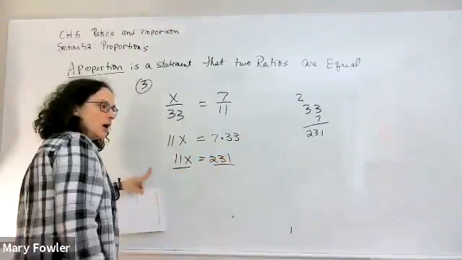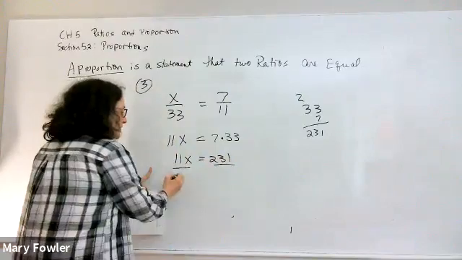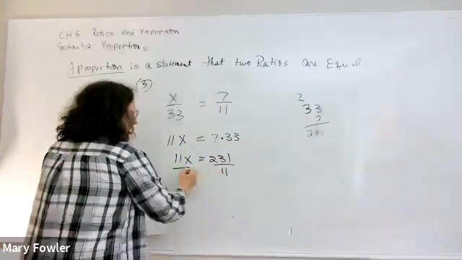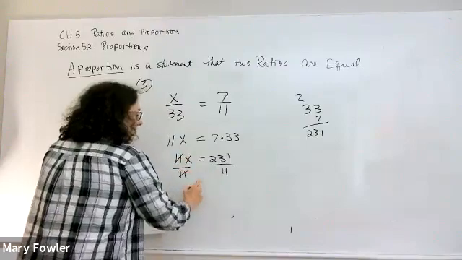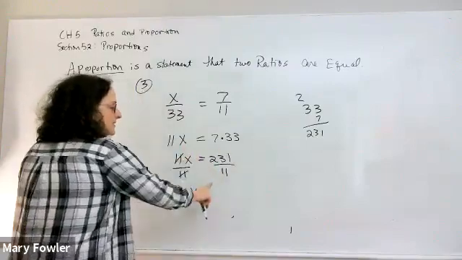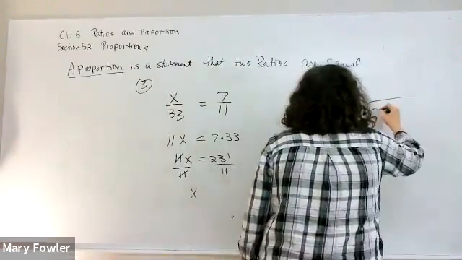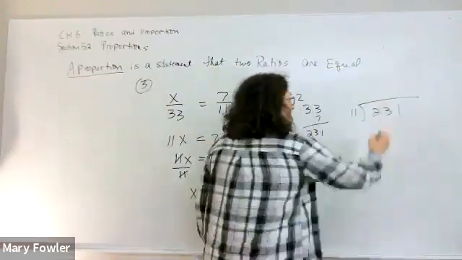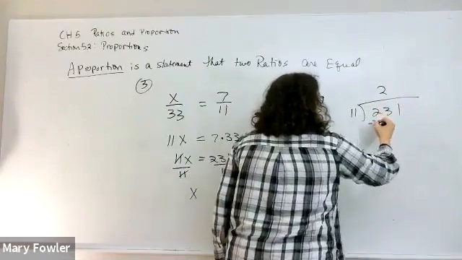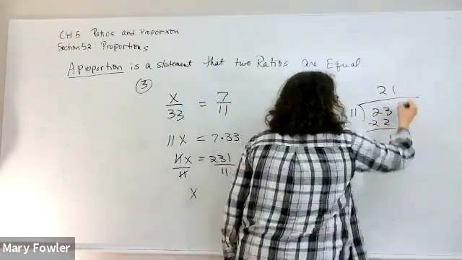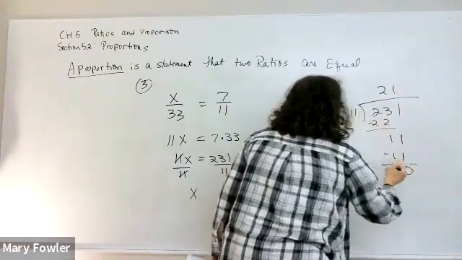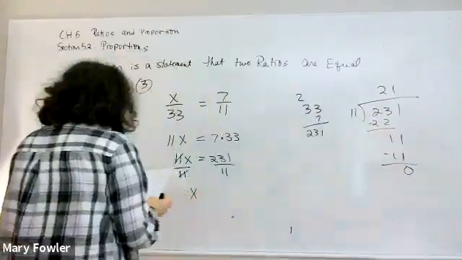We're going to divide both sides. So this is now a multiplication equation, and we want to solve for x by dividing both sides by 11. So the question is, how many times does 11 go into 231? Long division day, guys, huh? Okay, 21 times.